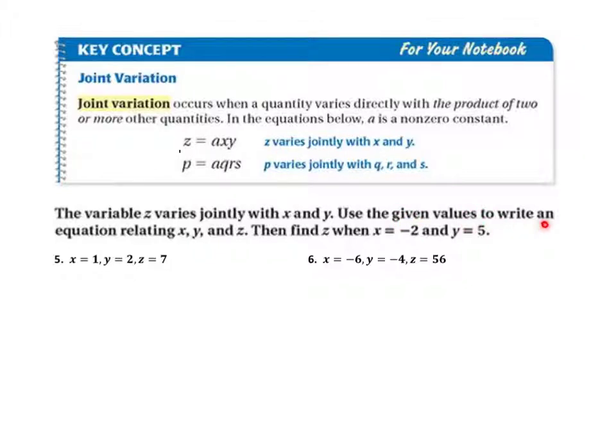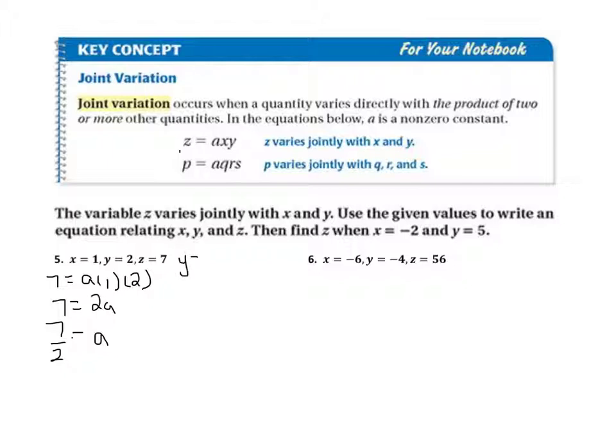Use the given values to write an equation relating x, y, and z. Okay, so if I plug this in, I get 7 equals a times, well, let's put them in order, 1 times 2. So 7 equals 2a, so a equals 7 over 2. Then find when x is negative 2 and y is 5. So first let's write the equation.